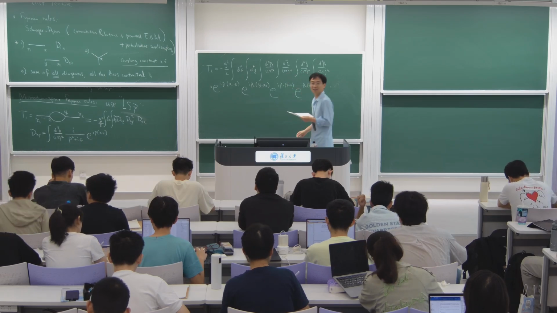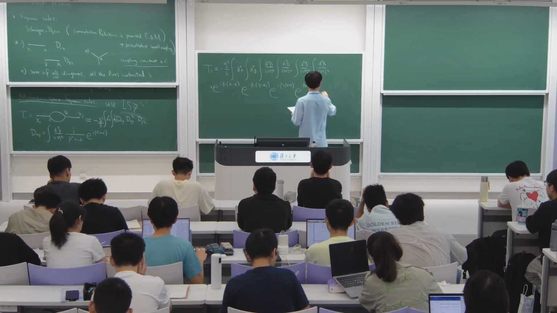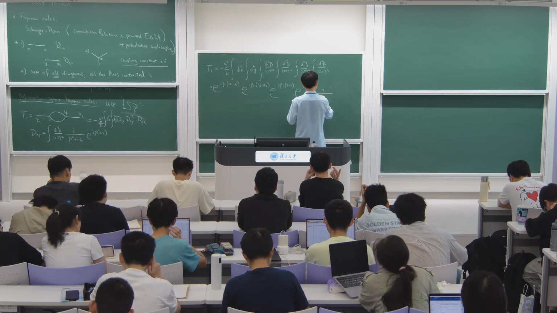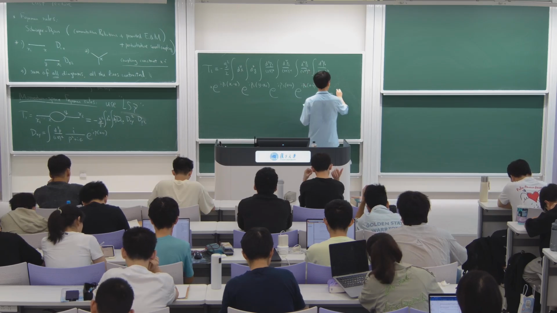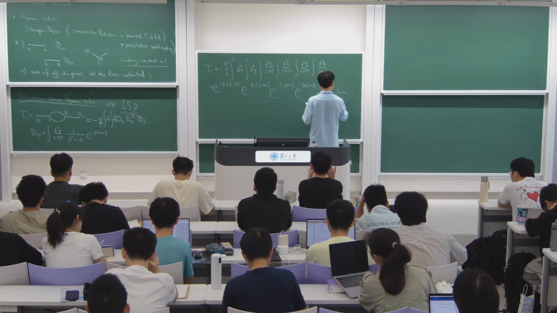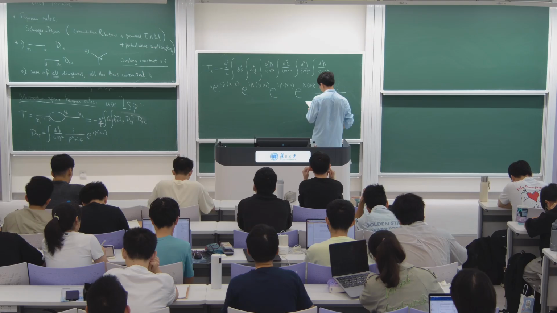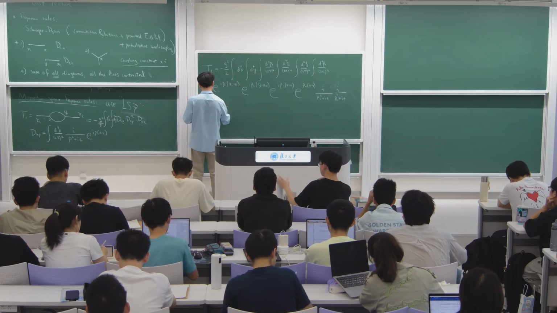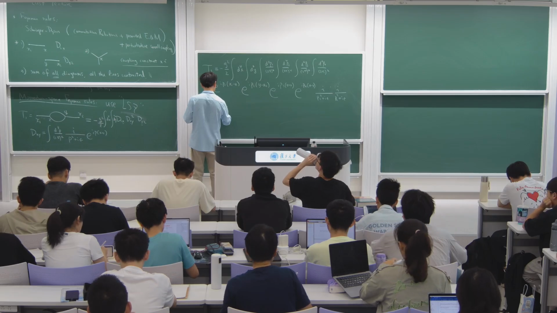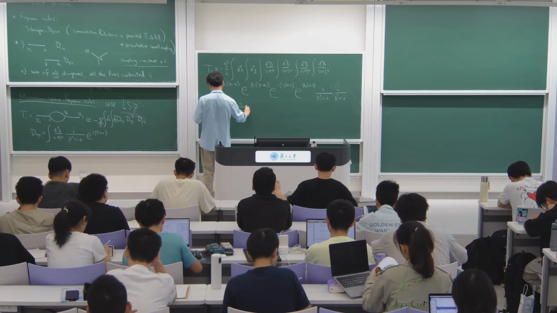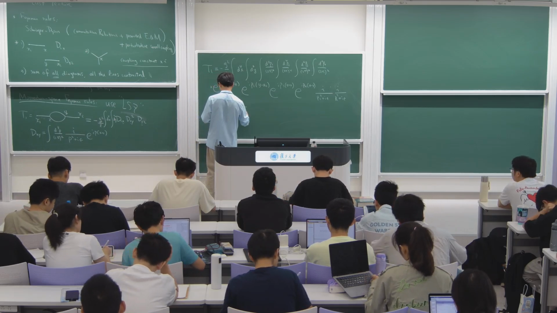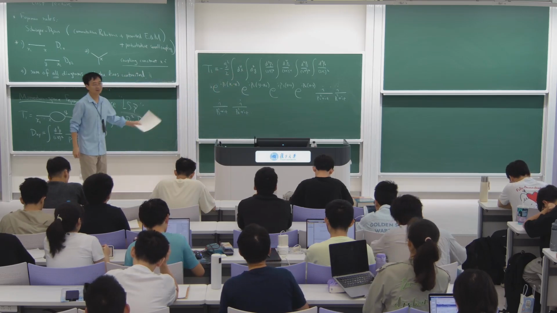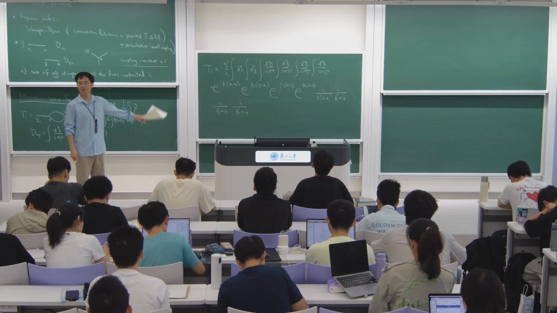And then, of course, you will have 4 Feynman propagators in momentum space, right? So you should write them down. And that's it. You plug in, and this is what you get.